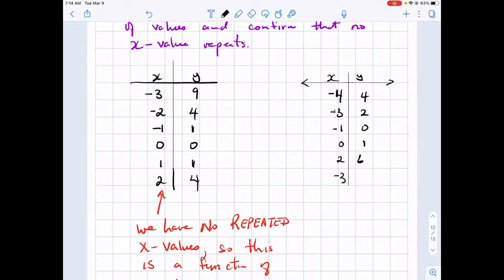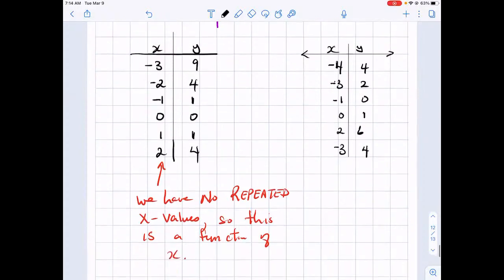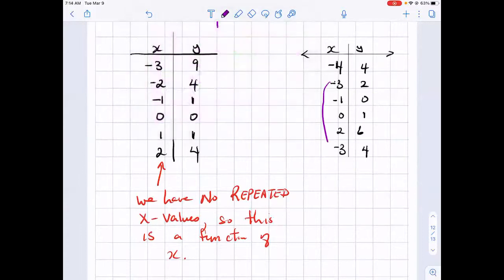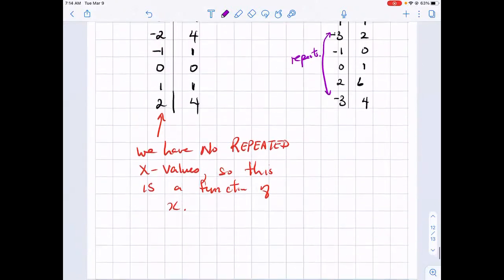And if I say -3 goes to 4 again. Okay. So notice here, this repeats.